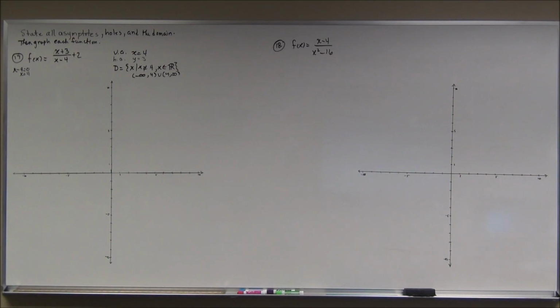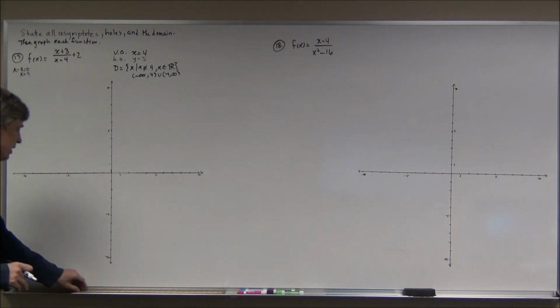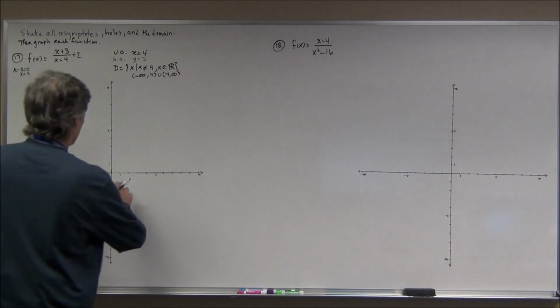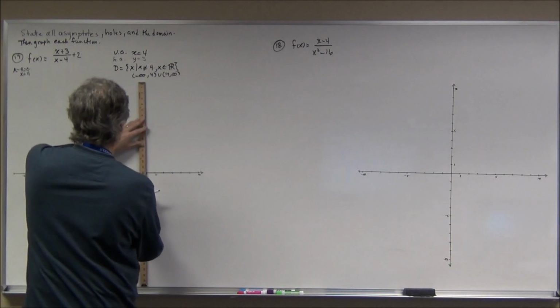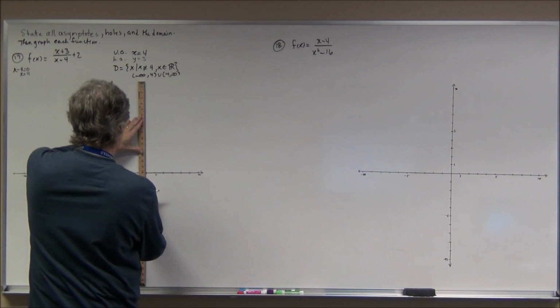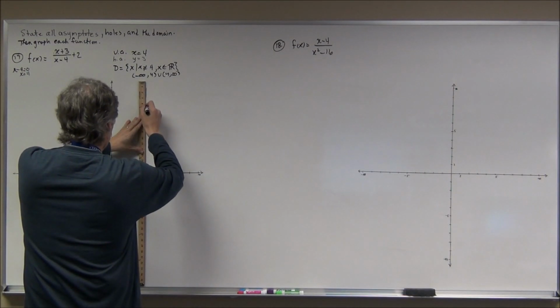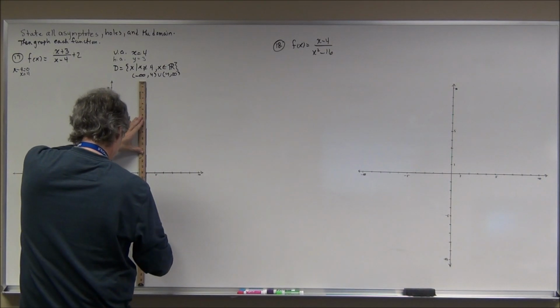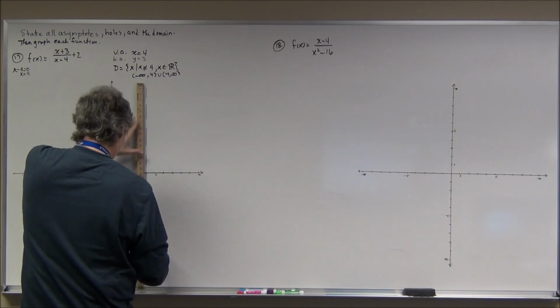So now what I need to graph this is I need to start off by graphing my vertical and horizontal asymptotes. Remember, these are dotted lines. So x equals 4, 1, 2, 3, 4, that'd be right here. Line it up as neatly as you can, and make a dotted line. Try not to move your straight edge.